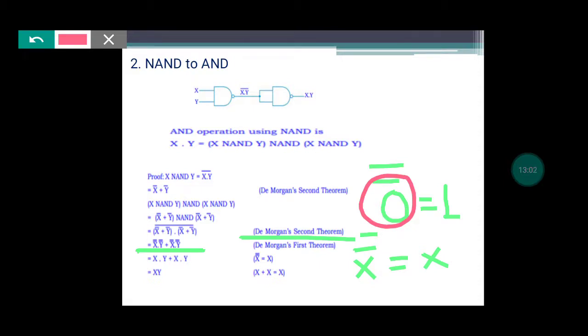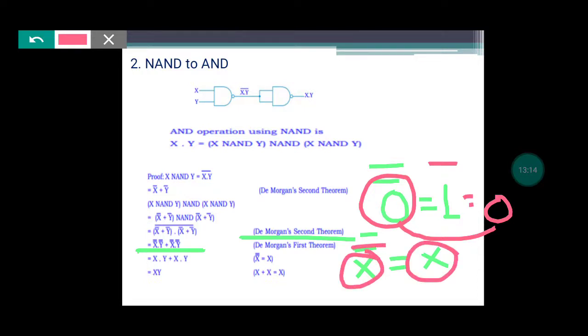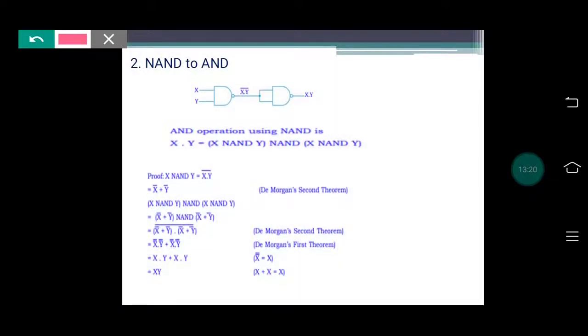So now this again, 1 bar is nothing but 0. Is this 0 not equal to this 0? Right? This 0 is equal to this 0. Which means what was the value of x? X, that is the value of x after performing complement two times. So I can simply rewrite this x bar bar, two times bar, as x, similarly y bar bar as y, similarly this term.